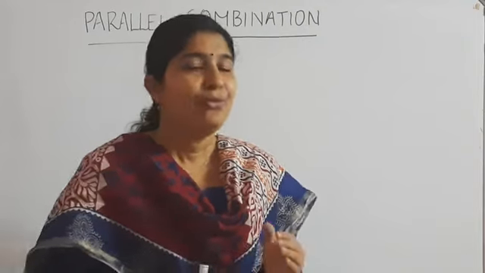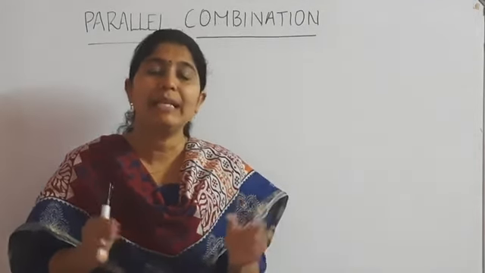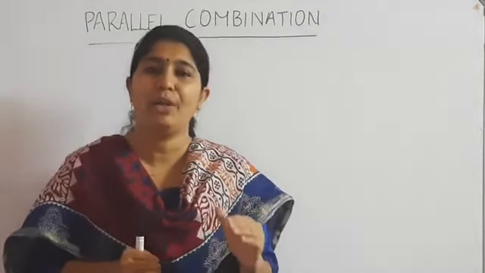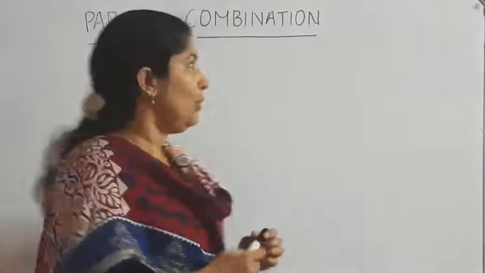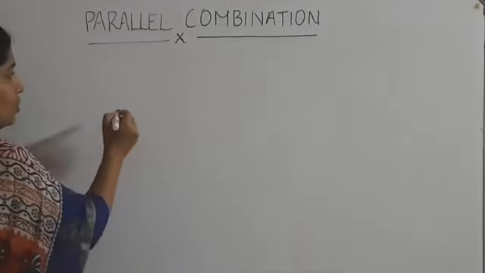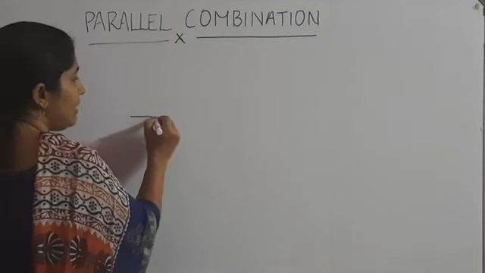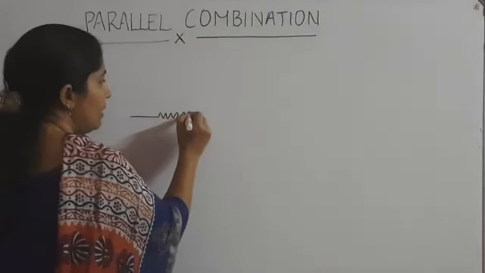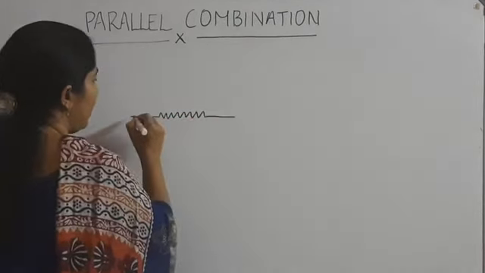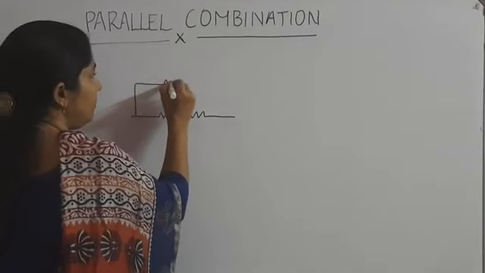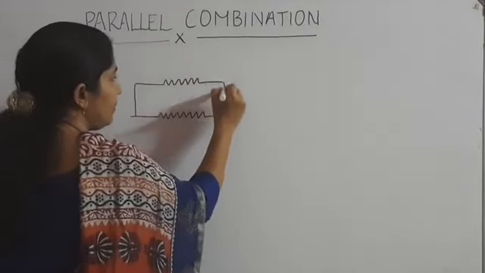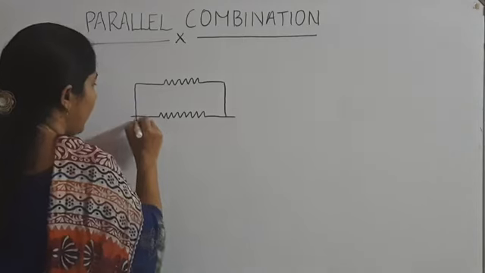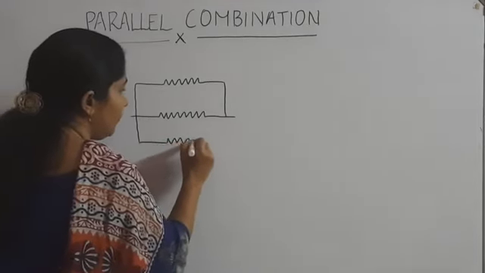For this we consider three resistors R1, R2 and R3, connected like this: one resistor, the second one, and the last resistor.